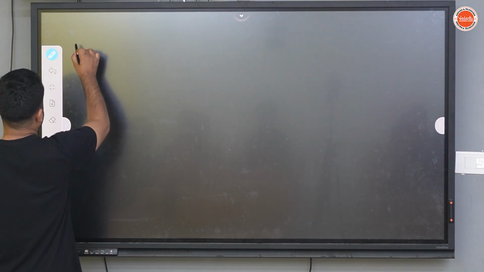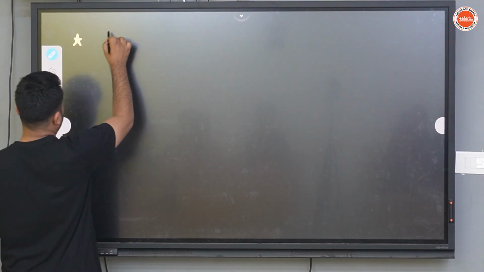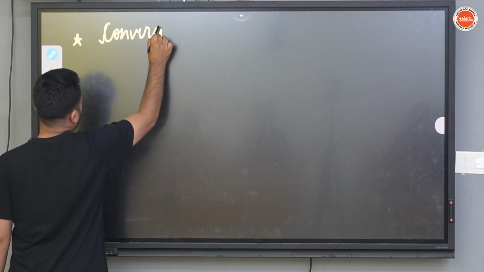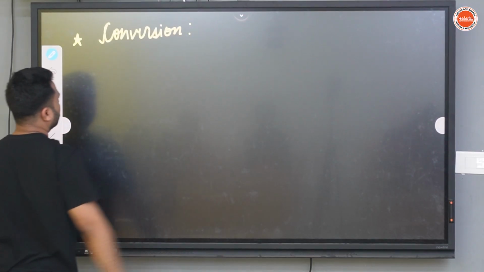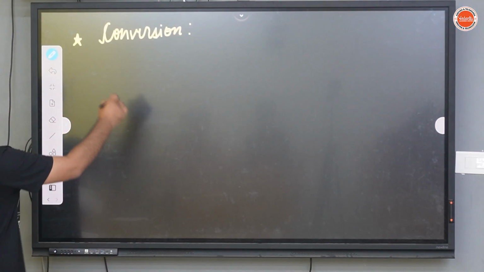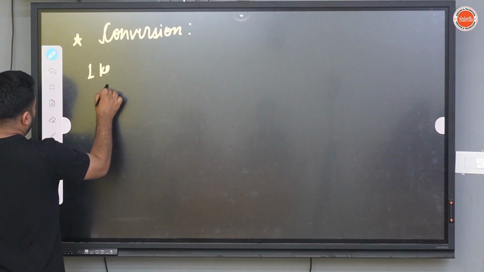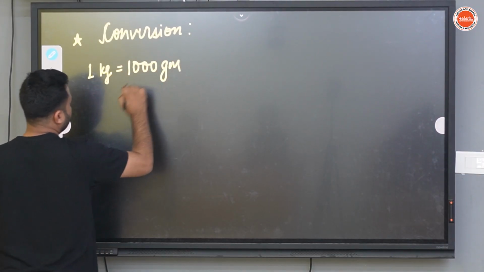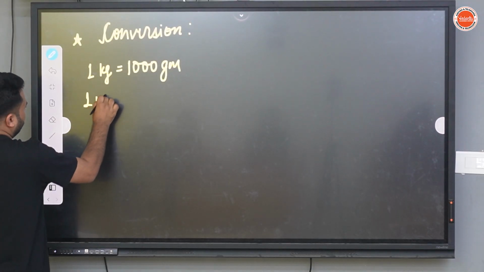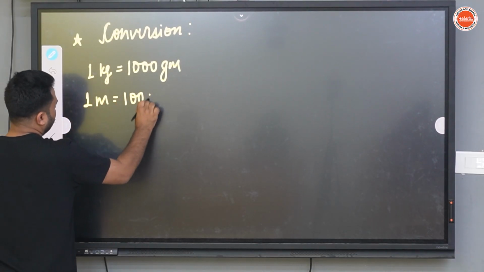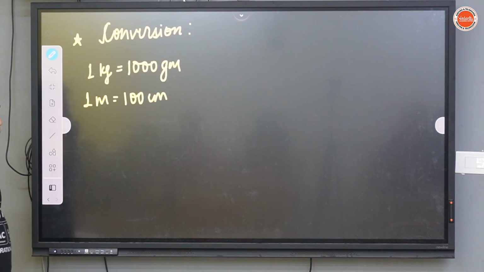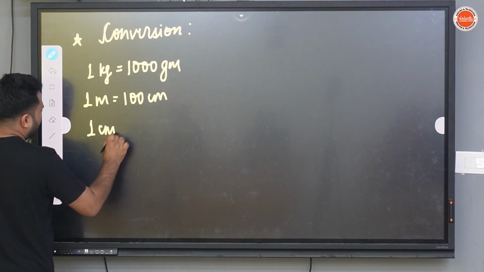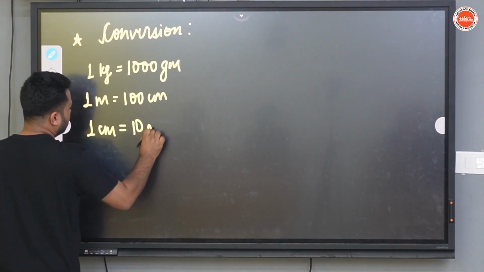See, a small conversion basically we will understand. Conversion. You must be knowing that 1 kg equals 1000 gram. 1 meter equals 100 centimeter. 1 centimeter equals 10 millimeter.